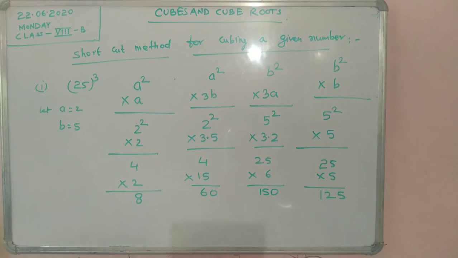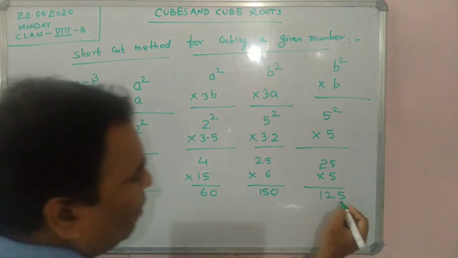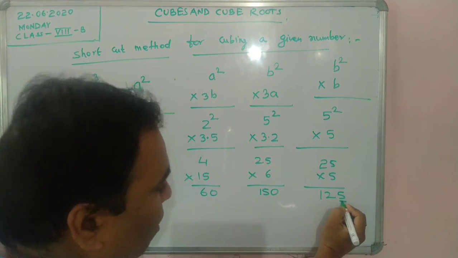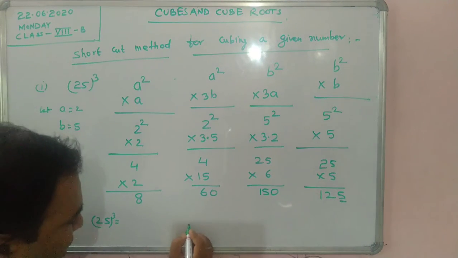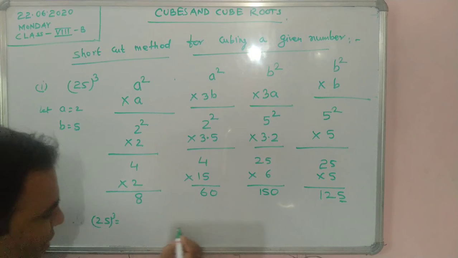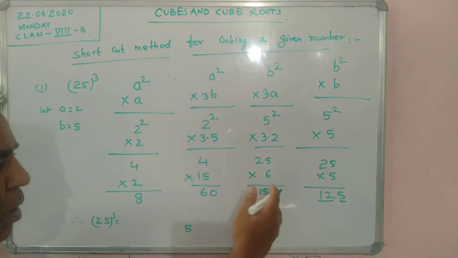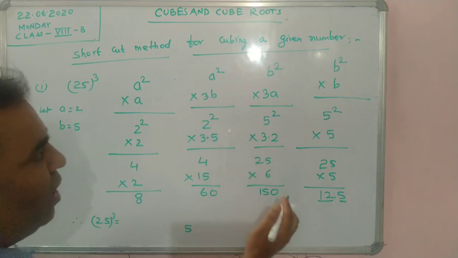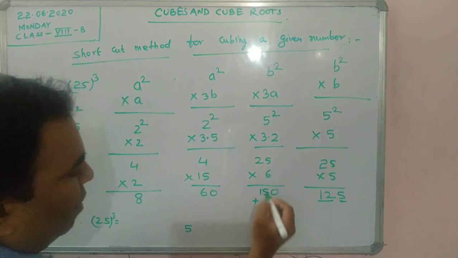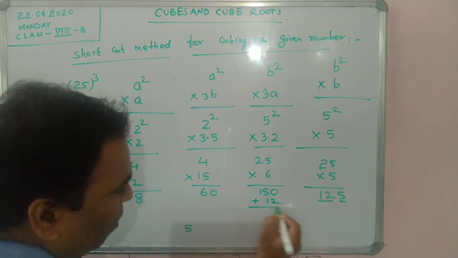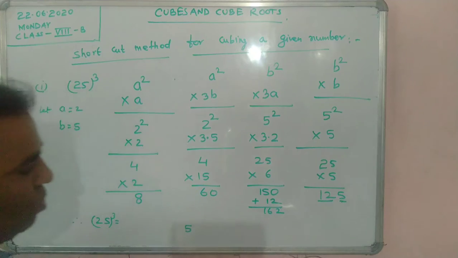Now what could be the next step for finding the 25 cube? We will write that hence 25 cube will be like this. The digit at the unit place, 5, will be written right here, and the rest will be transferred to the next column. So I am going to add here, 150 plus 12, it will give you 162.